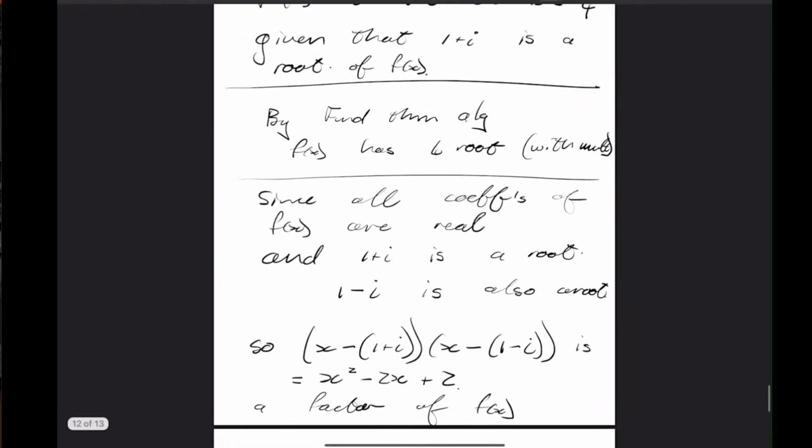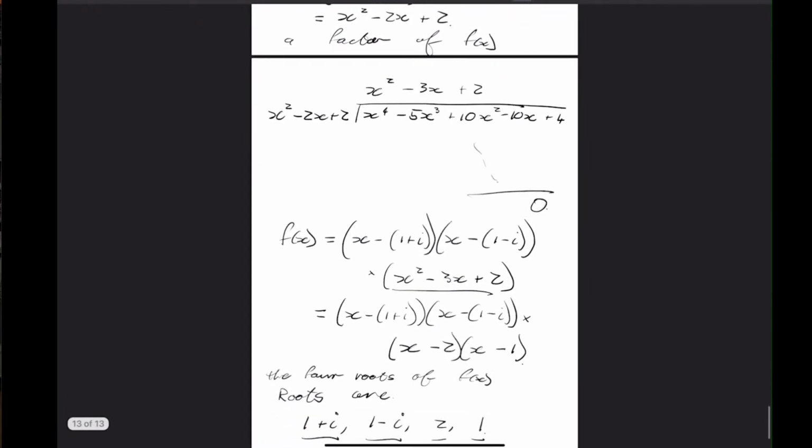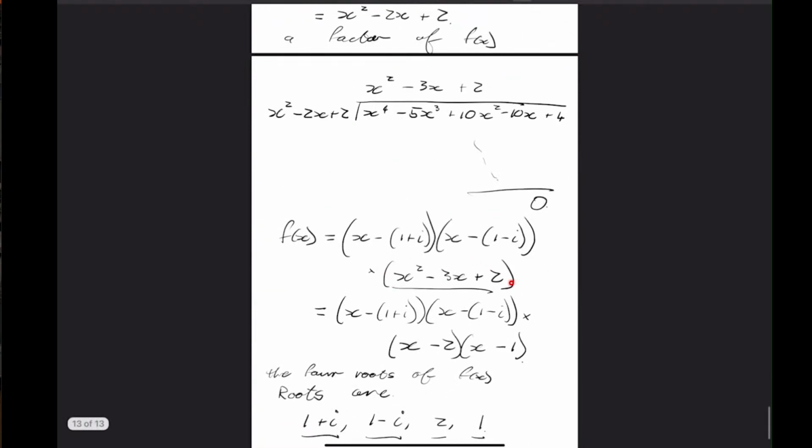And see here, we again use that little trick to get a root for free. We know that 1 plus i is a root, and all the coefficients of f of x are real, so the complex conjugate is also a root. We divide by the polynomial that we know is a factor to get the quotient, and then we factorize the quotient.